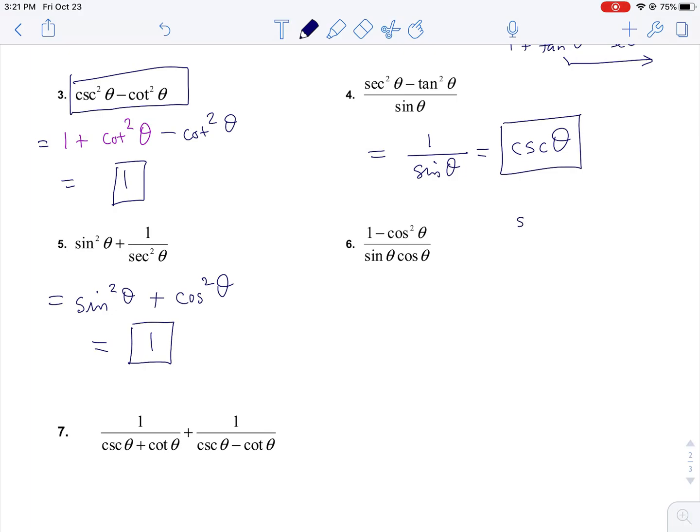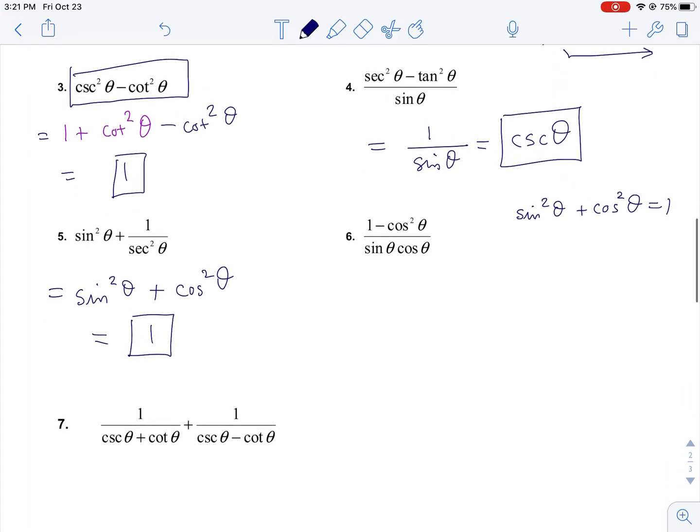I'll do an aside over here and rewrite my Pythagorean identity: sine squared plus cosine squared equals 1. If I bring cosine squared to the right, I get 1 minus cosine squared equals sine squared. So in the numerator, in place of 1 minus cosine squared, I could just write sine squared.